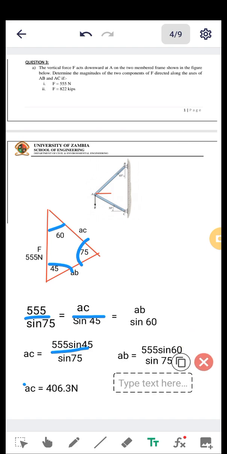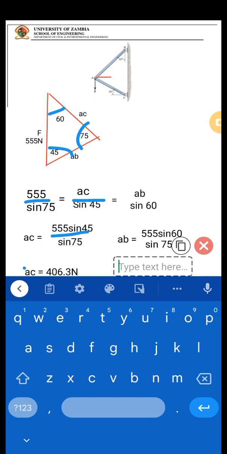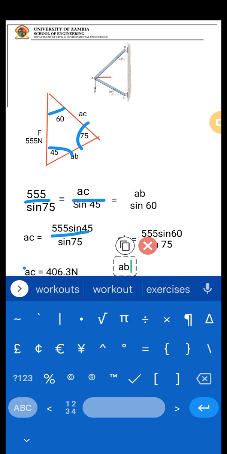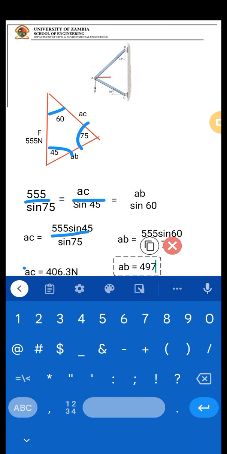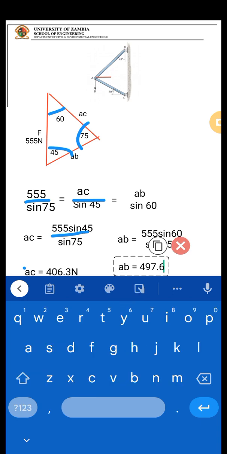So we have AB equal to, if you punch everything on a calculator, 555 sine 60 divided by sine 75. It's giving 497.6 Newton.